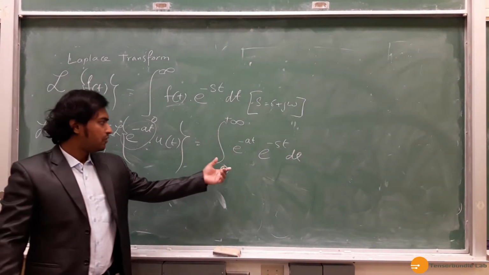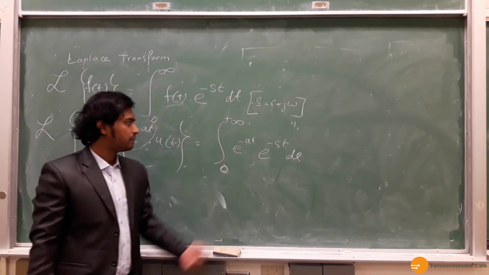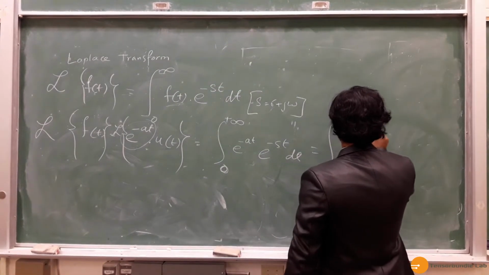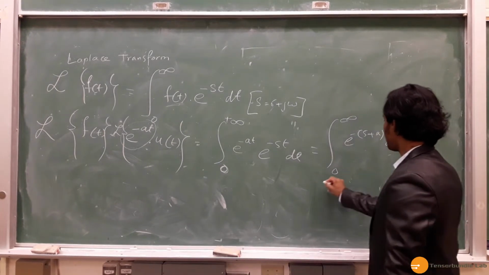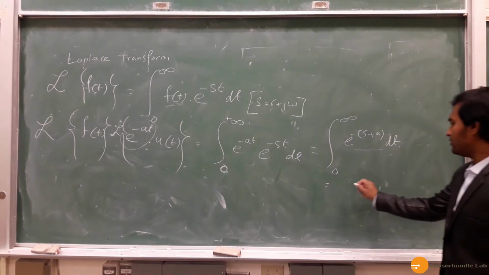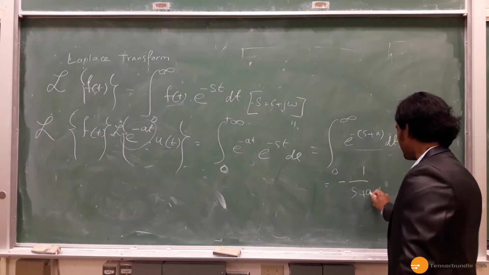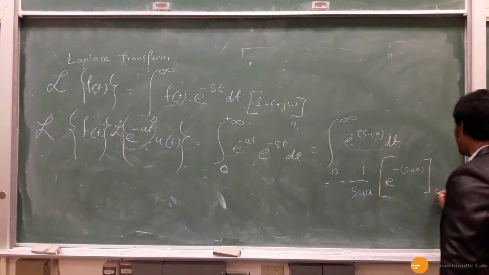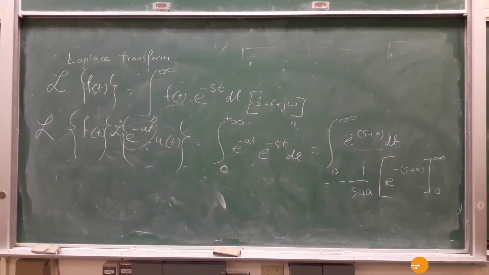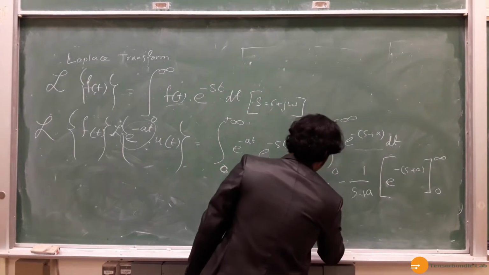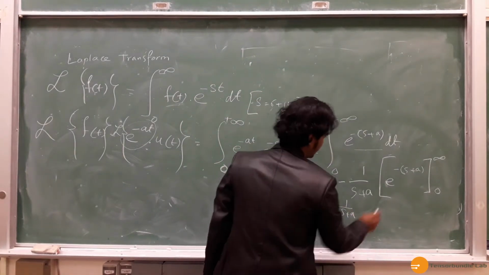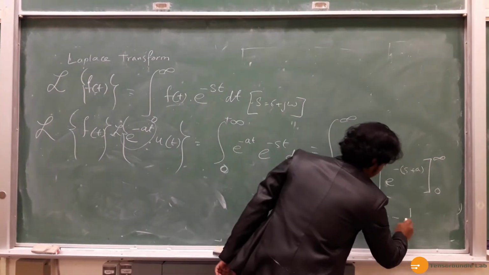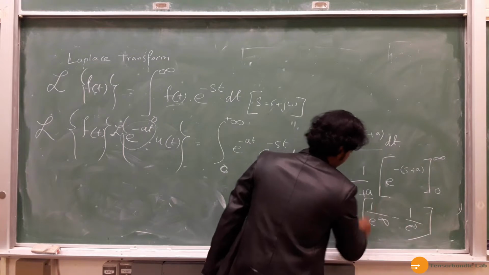So to find out the Laplace transform, we just need to solve this integration. And it's very straightforward. We simplify it in this manner. And then the integration is minus 1 over s plus a, with the limit values 0 to infinity. And we can further simplify it, minus 1 over s plus a, and then if you plug in the limit values, it becomes like this.